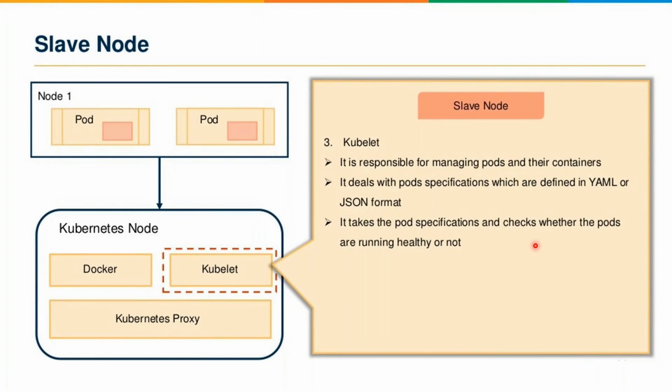Yeah. So in Ansible, we use YAML script, right? So in Kubernetes also we use YAML script, but we don't call it YAML. We call it a manifest file. Okay. So YAML script only we use in Kubernetes. It takes the pod specifications and checks whether the pods are running healthy or not. Okay. So kubelet will always check whether pods are running properly or not.